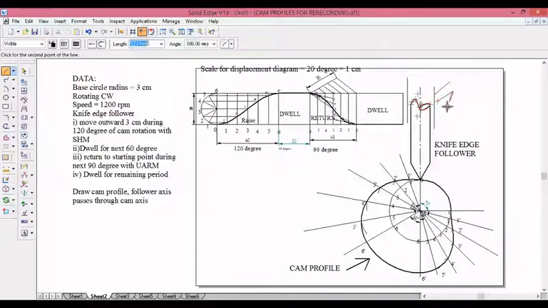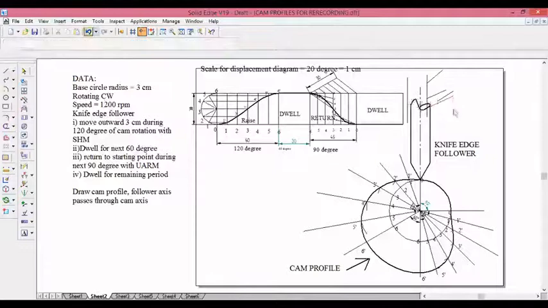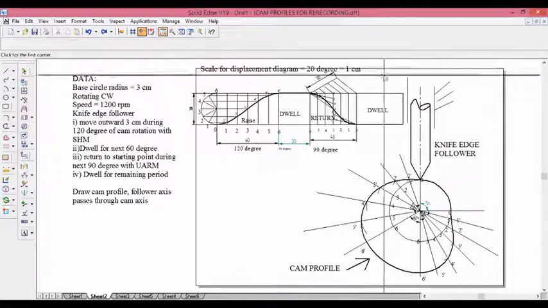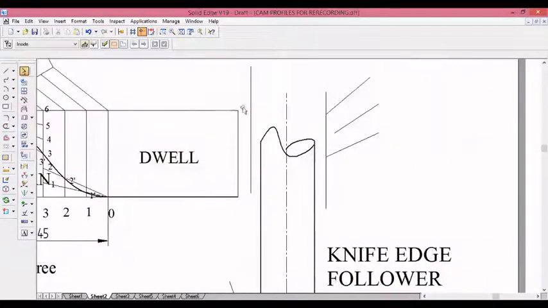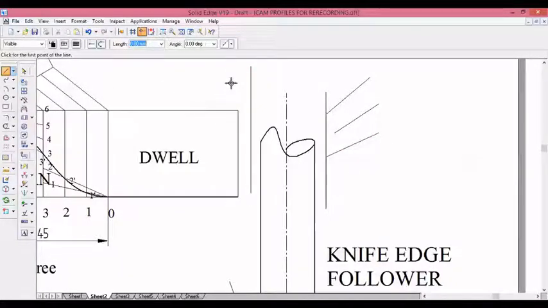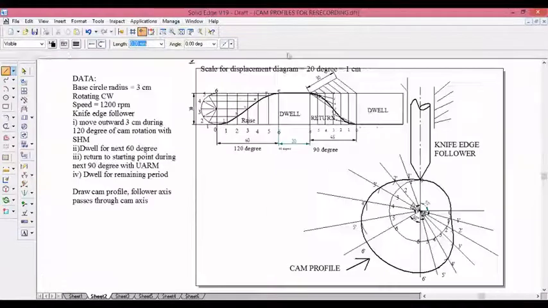Here you can show the guide of the follower. So this is the solution for knife edge follower with radial cam. Thank you.